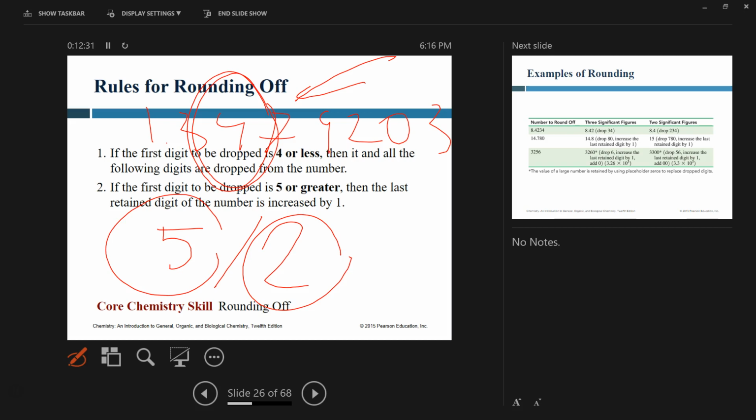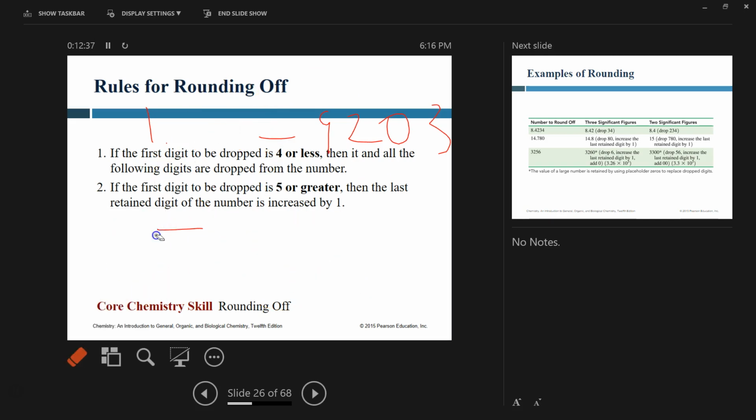Okay? Now, in sort of the same fashion, if you have a number 3.42179 and you want to round it to 3 significant figures, 3.42, you look at this one, right?